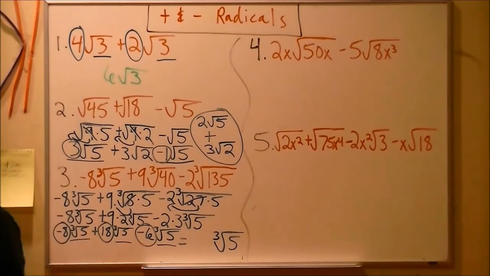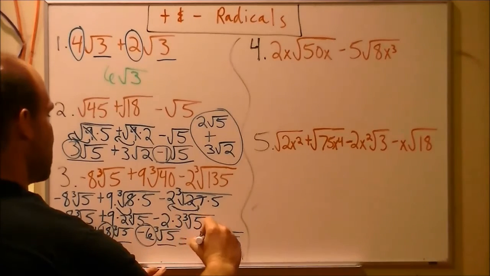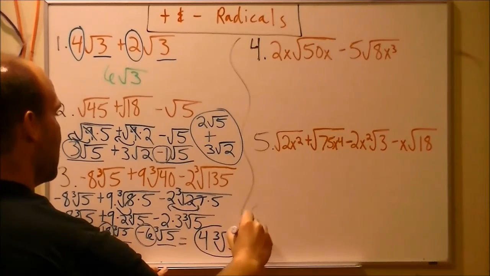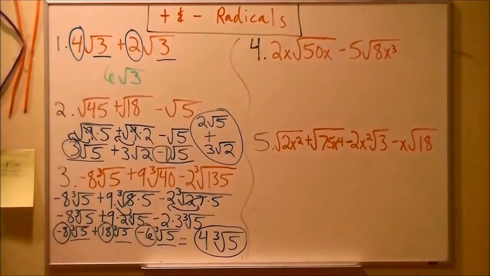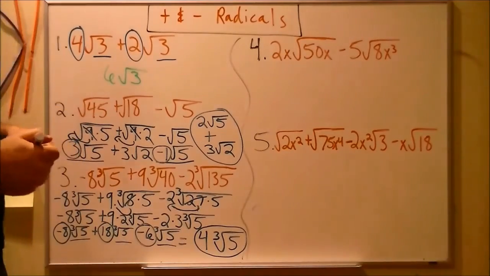And what is 10 minus 6? 10 minus 6 is 4. And so my simplified answer as one term is 4 times the cube root of 5.